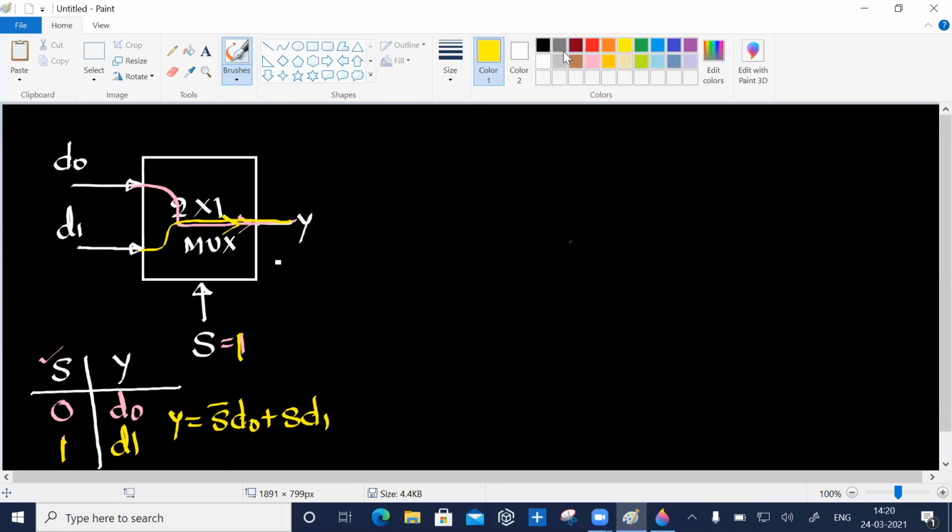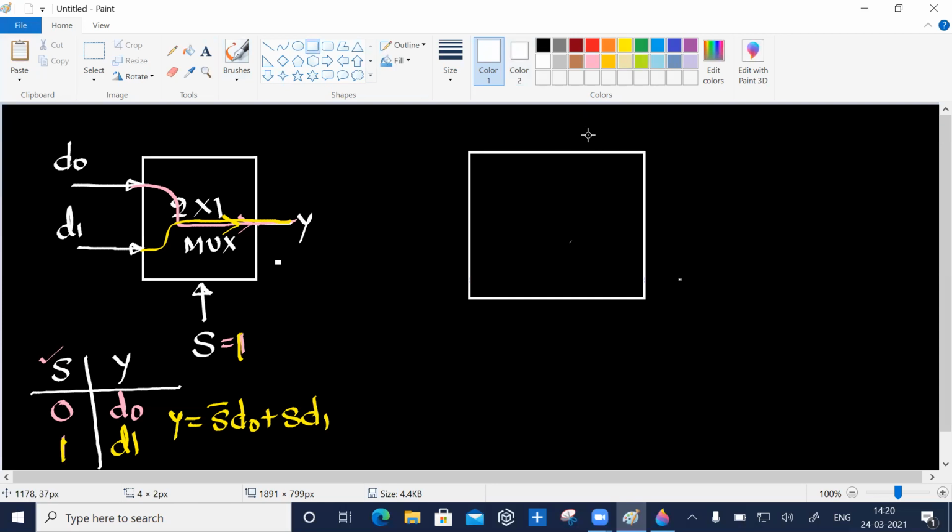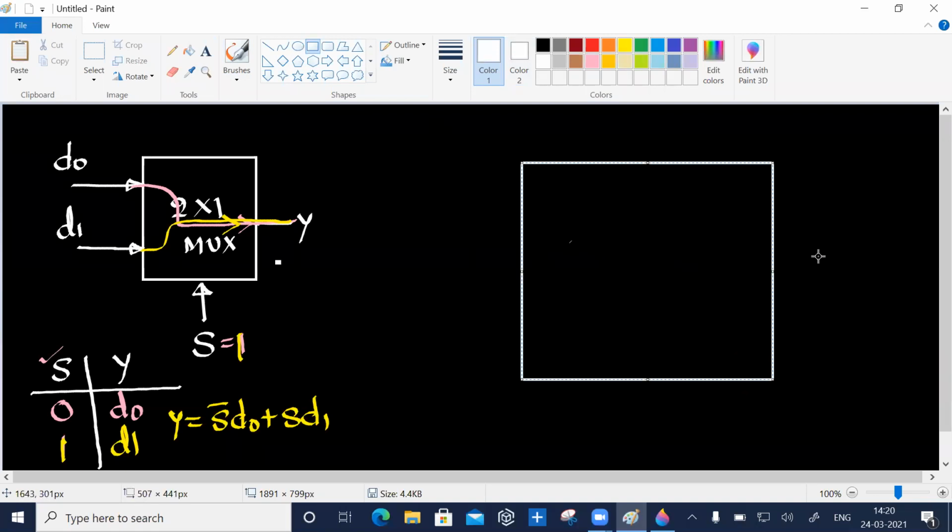So inside this block, what hardware can you implement? Let me make it somewhat bigger.